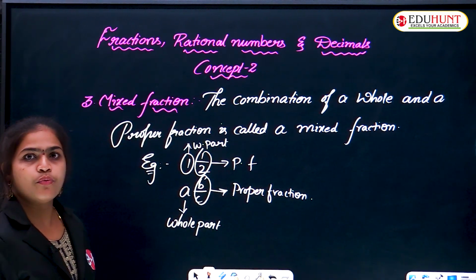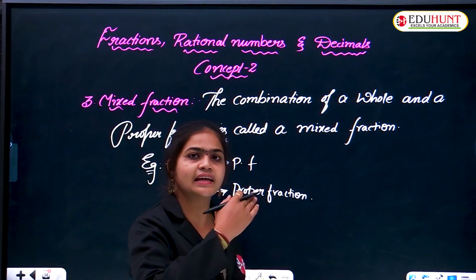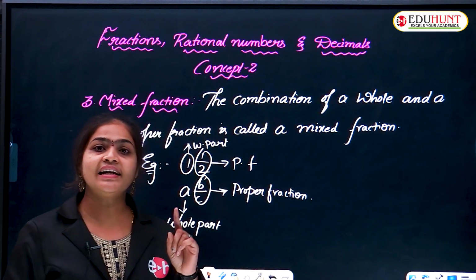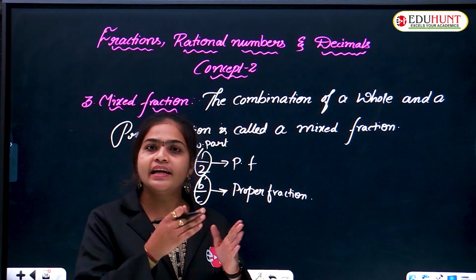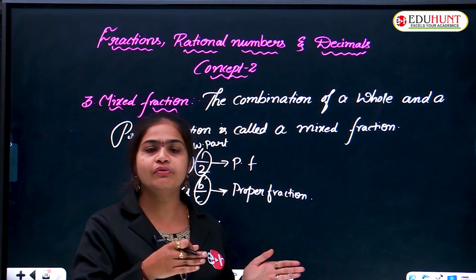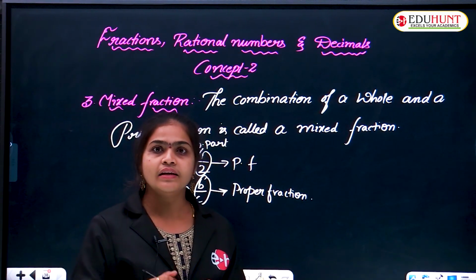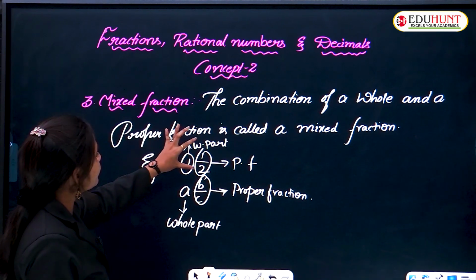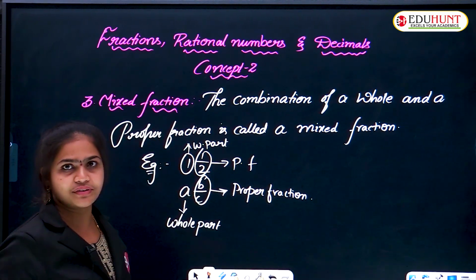Understand? 1 means one complete part and 1 by 2 means some other part. Just like the improper fraction, where we take one complete part and the same number of equal parts along with another one, in the same way here we take one whole part, and from the other part we take half.